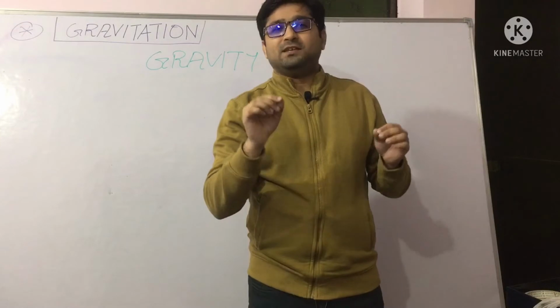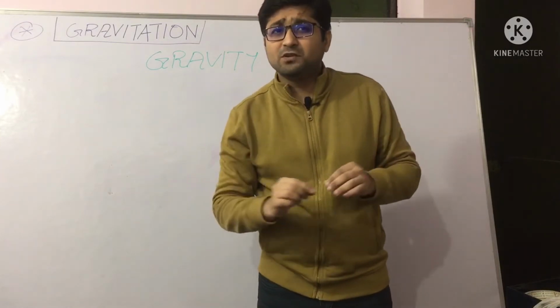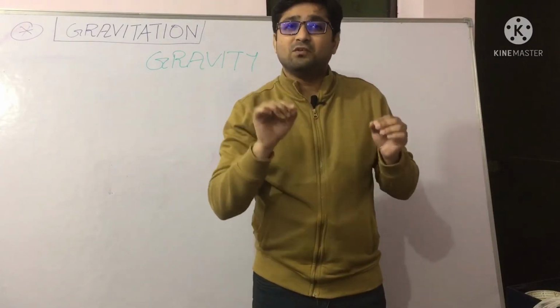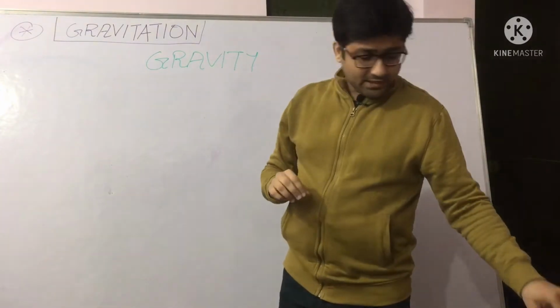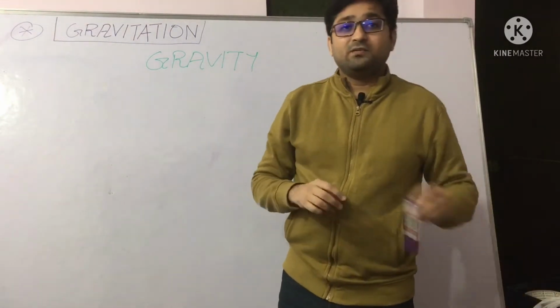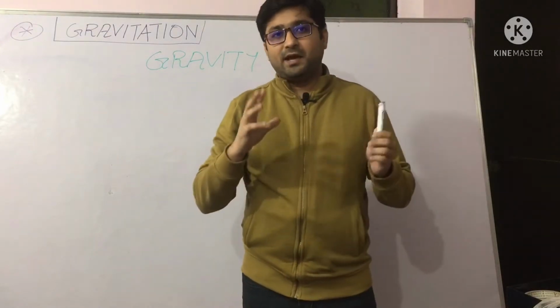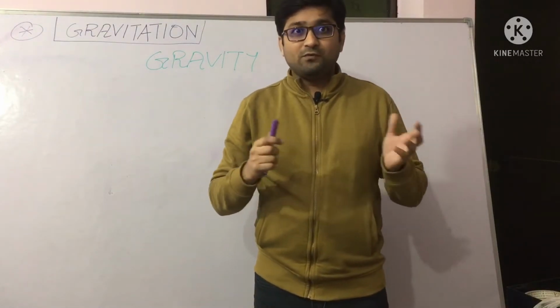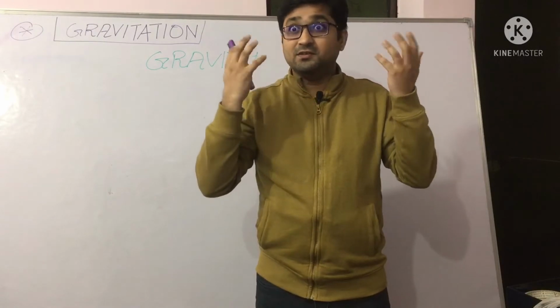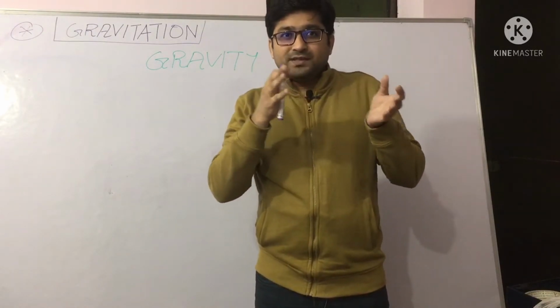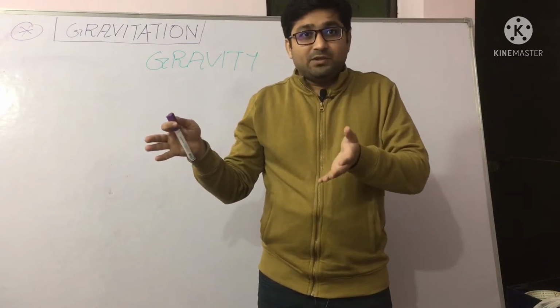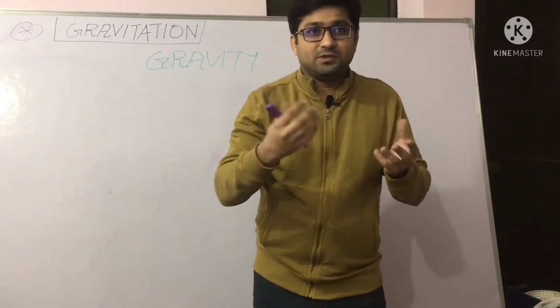In simple words, the ball is coming downwards because of the force of gravitation, or the gravitational force. This gravitational force was first observed by Sir Isaac Newton, and we have always learned that story, how he was sitting under an apple tree and an apple fell, and he observed.